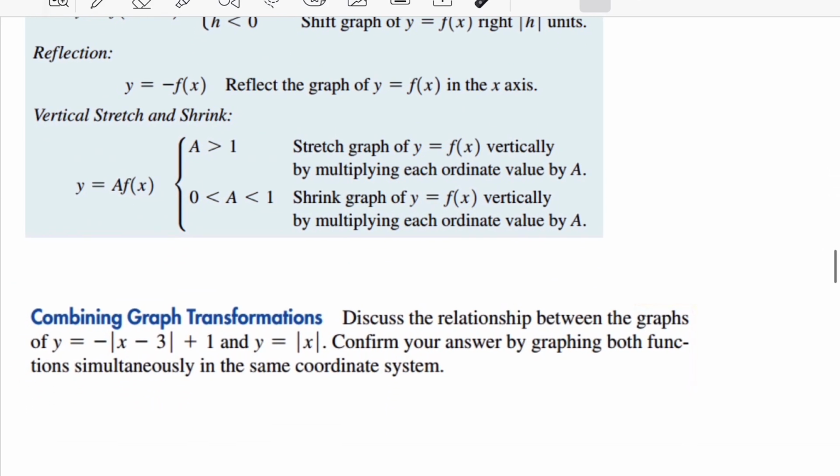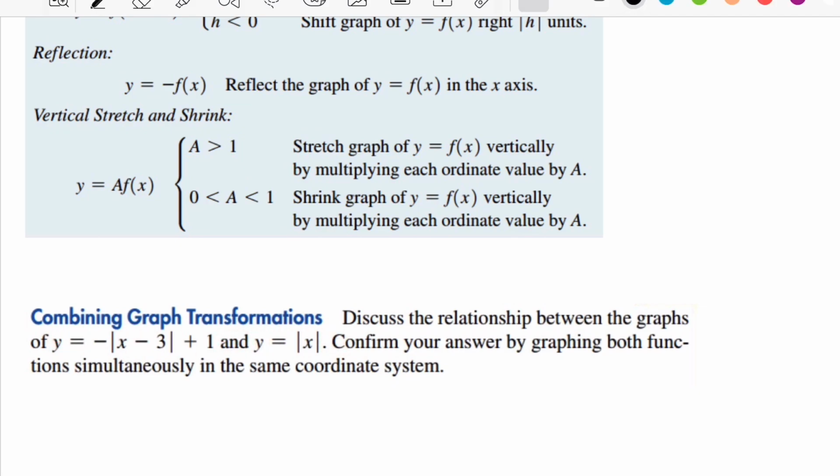Now, something else I wanted to discuss is that we can combine our graph transformations. So we want to discuss and look at the relationship between the graphs of this here and this here.